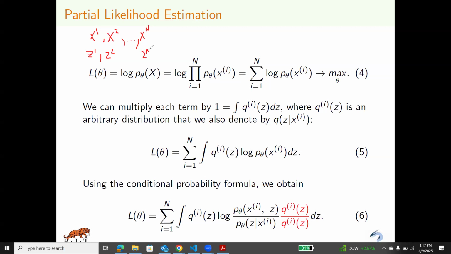But we don't know the distribution of the latent variables. Let's denote this distribution by q with superscript i, as the distribution on z given point xi. I will use two notations interchangeably. But the meaning is that for every point xi, we have the latent representation z.